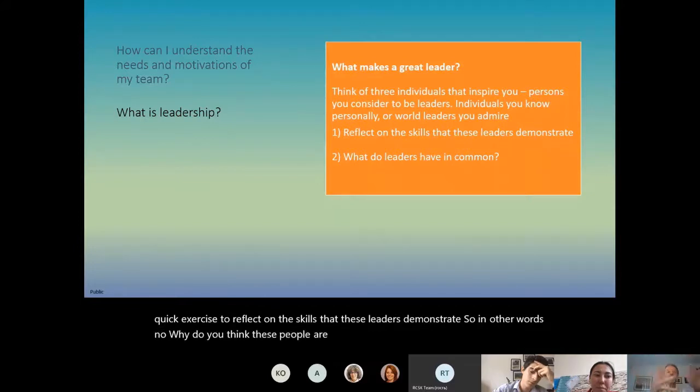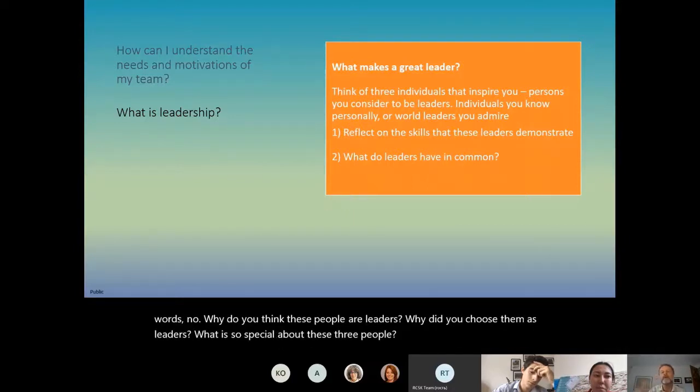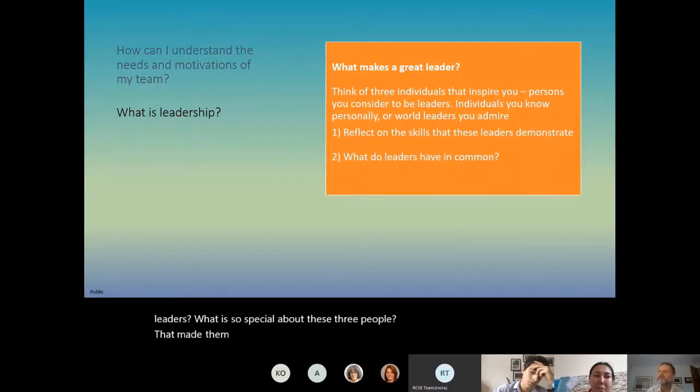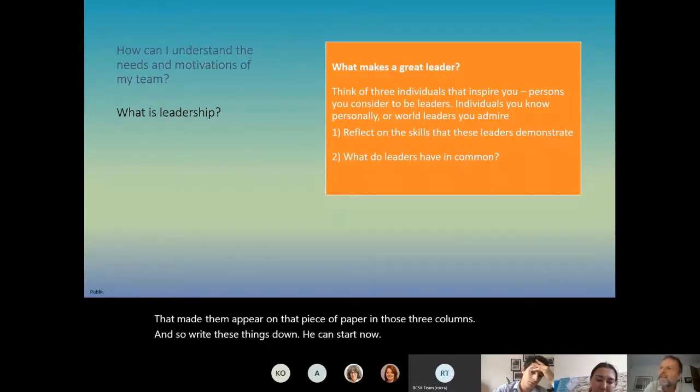Why did you choose them as leaders? What is so special about these 3 people that made them appear on that piece of paper in those 3 columns? And so write these things down. You can start now. And then we'll ask ourselves, well, what do these leaders have in common?